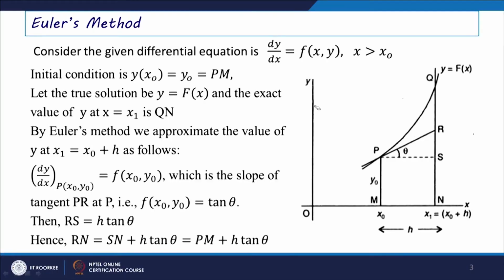If you go for Euler's method, we can consider the same problem: dy by dx equals f of x, y, and the initial condition is given as y of x0 equals y0. If the initial condition is written in this form, first we go for a graphical approach.